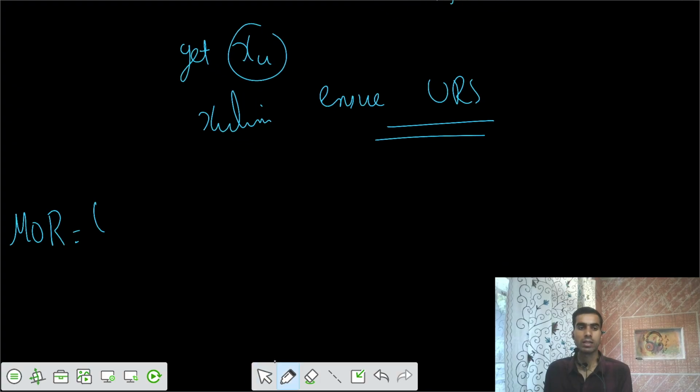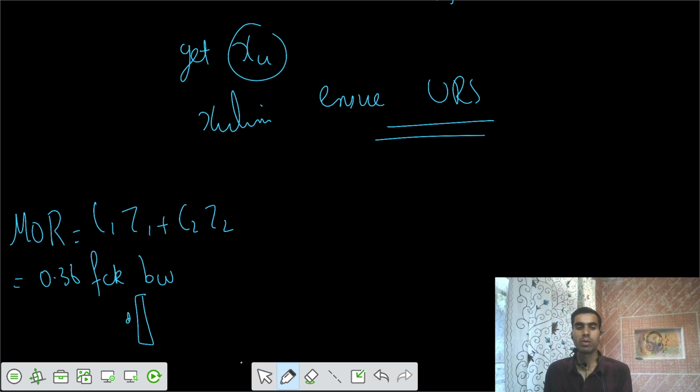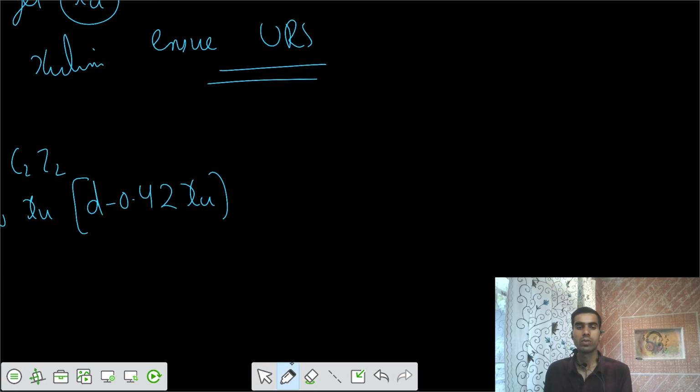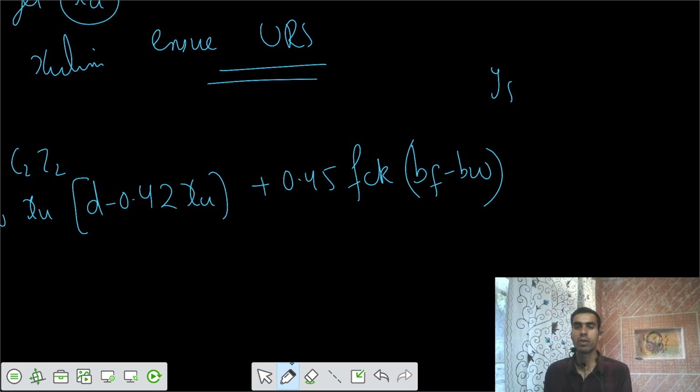We can solve that as C1 Z1 plus C2 Z2, and that equals 0.36 FCK for the width of the rectangular beam of dimensions BW and effective depth of D. So 0.36 FCK BW XU, and that lever arm of D minus 0.42 XU, and the C2 Z2 force. C2 was 0.45 FCK for the width of BF minus BW, and we have that effective flange depth YF.